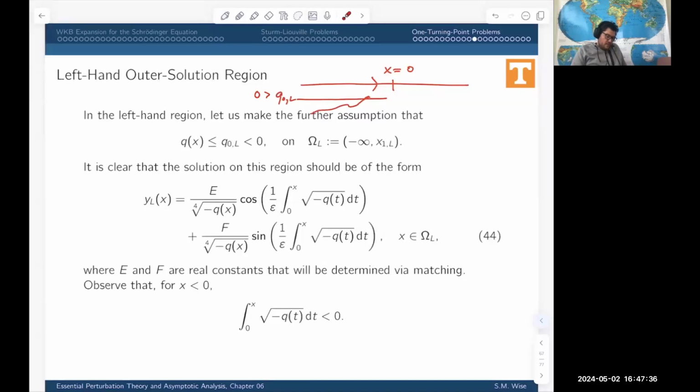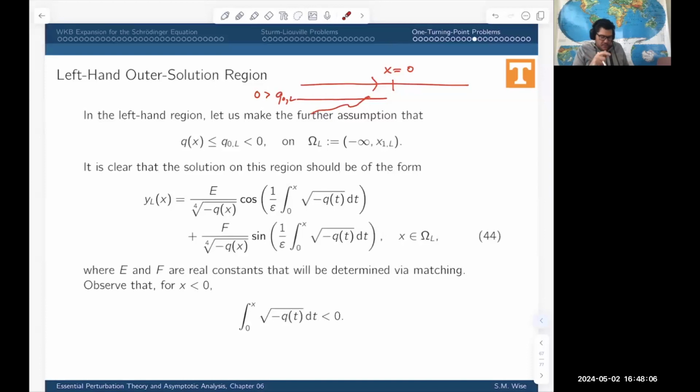So Q0L bounds Q of x away from 0 on the outer solution region on the left. For this one, we can't disregard either of the two linearly independent solutions that we get from the WKB expansion. By the way, WKB applies for the left-hand region and the right-hand outer solution region, but the Airy equation determined the solution in the inner solution region.